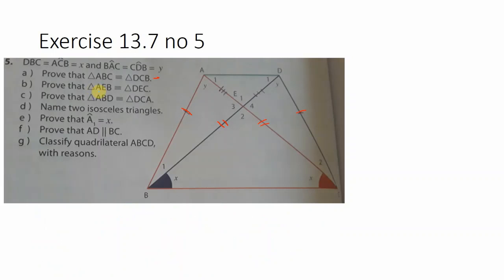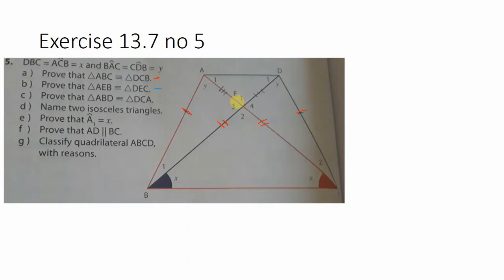Now that we have proven that triangle AEB is congruent to DEC, let's see what properties we have in addition due to proving that congruency. So we know angle A is equal to angle D. That was anyway given to us originally. Angle E equals angle E, that we have already shown previously.